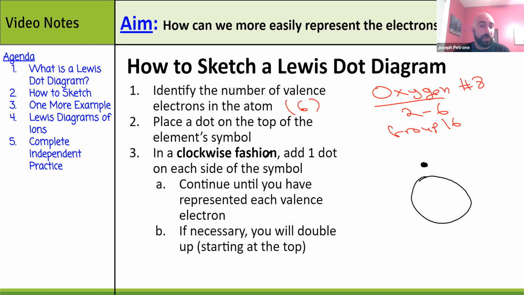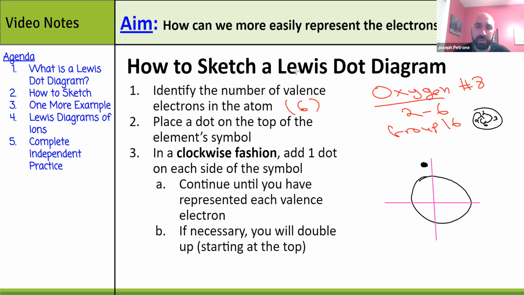Now, we're going to go in a clockwise fashion. Like if you look at a clock, we have 12, 6, 3, 9. It's going to go this way. So in a clockwise fashion, we're going to add one dot to each side of the element symbol in kind of like quadrants. If it might help, maybe you can draw some lines along this, say each of the 4 sides of this.